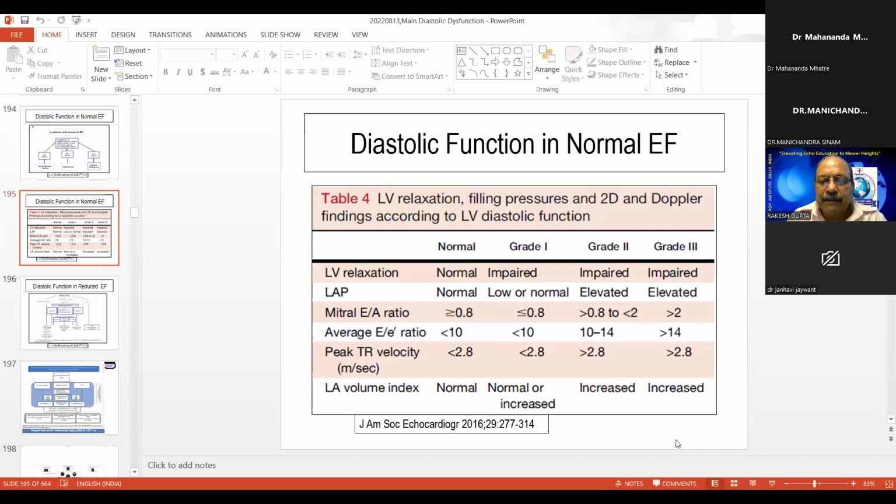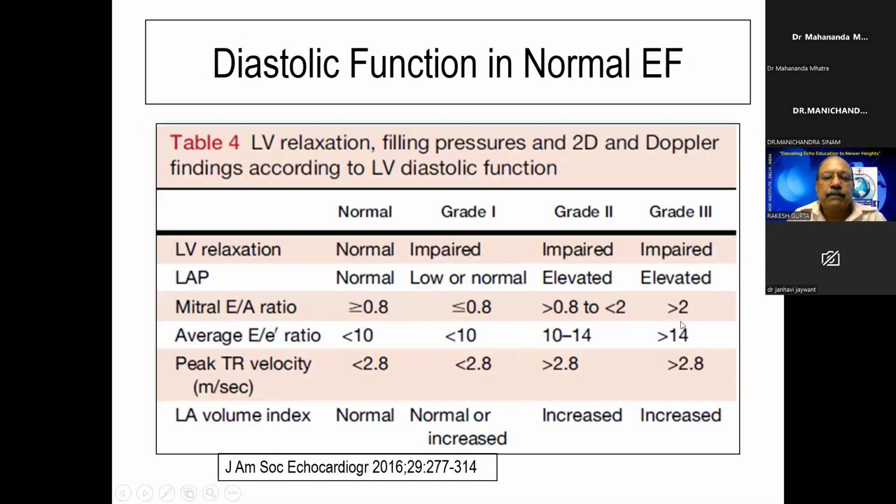Now look at this slide. Diastolic dysfunction in normal subject population. What does it say? First look at the E/A ratio: 0.8 to 2. Average E/E prime 10 to 14.